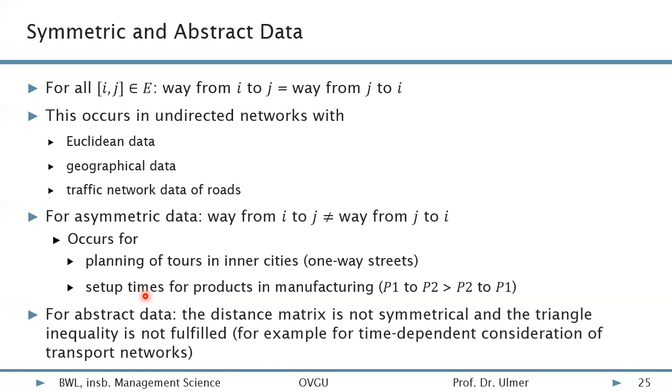We want to find the shortest tour, so all products are produced with minimum time of switching the product. One famous example is chocolate production.